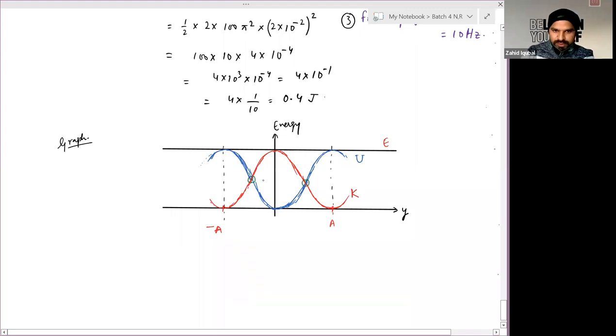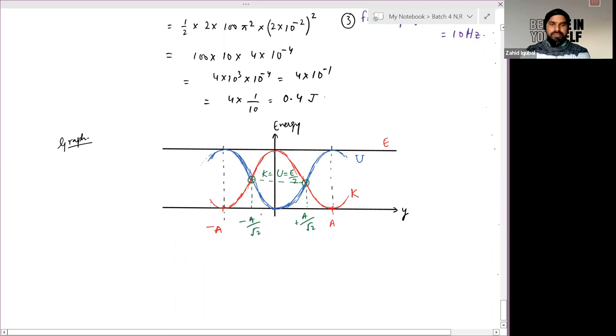So if you join these 2 points, it will define the point at which kinetic energy equals potential energy and half of total energy. This point is a by root 2, positive side, and also towards negative side.